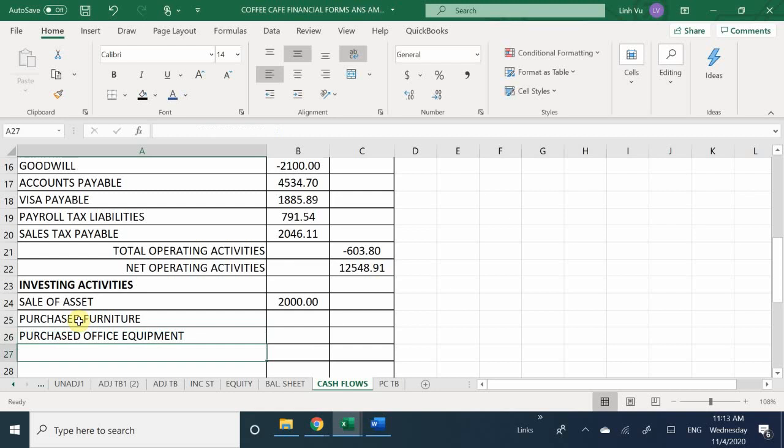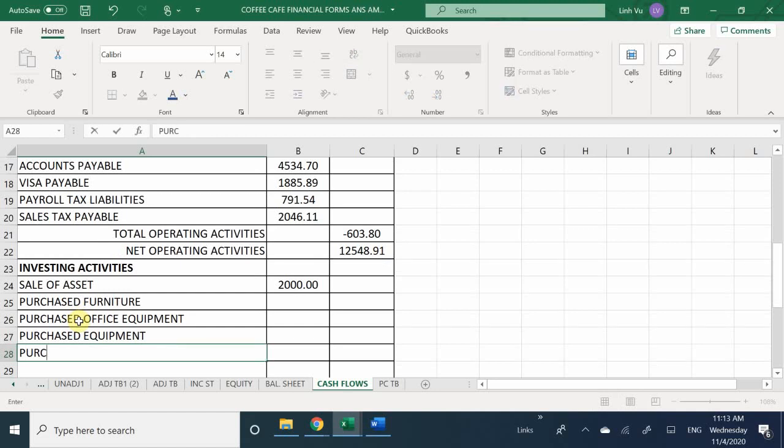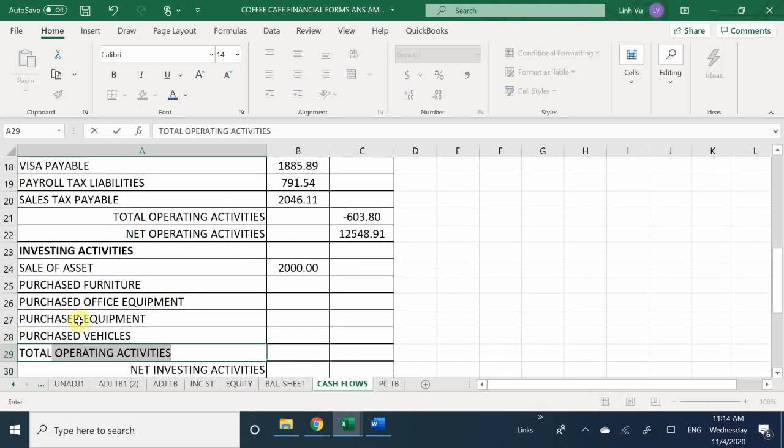And we also purchased our equipment. And we also purchased a vehicle. Okay, to get our total investing activities.